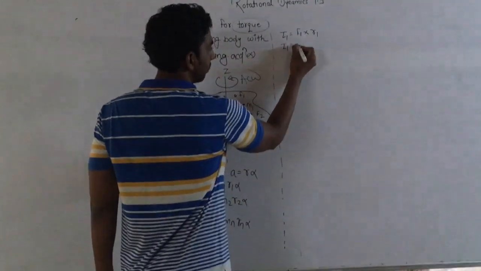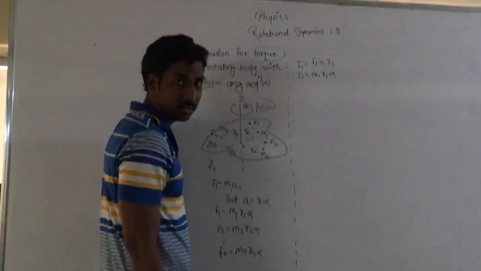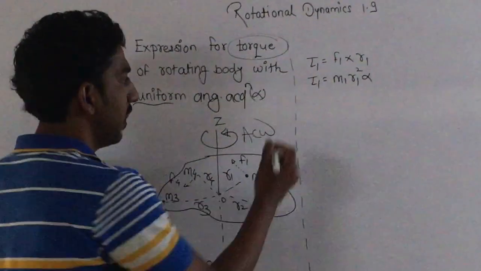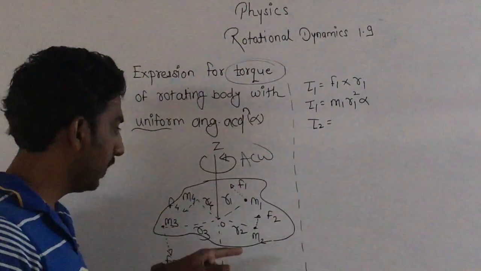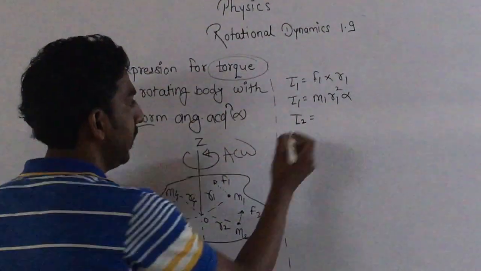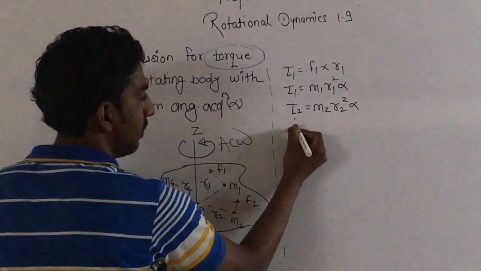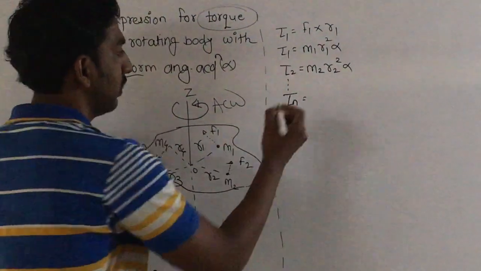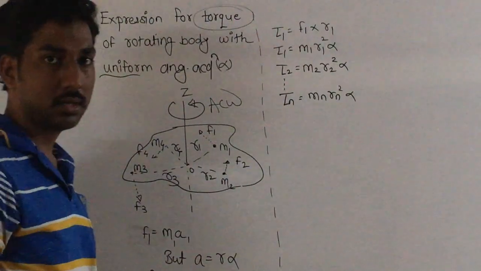Since R1 is already there, it will be M1 R1 square alpha. Similarly torque 2, the torque applied on mass 2, will be M2 R2 square alpha. Similarly for tau n, for the nth mass, it will be Mn Rn square alpha.